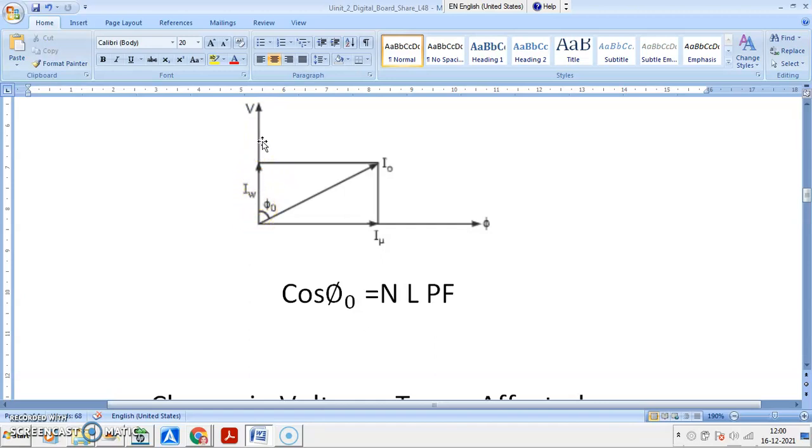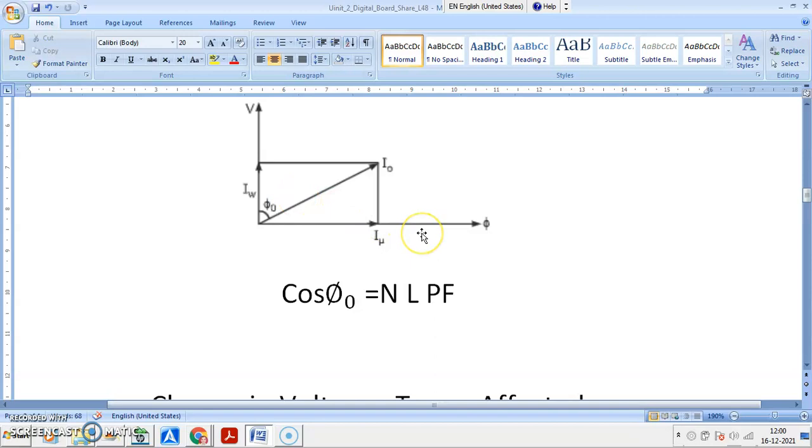So no load current increases. If motor is working on no load, supply voltage increases, magnetizing current also increases. And because of this, this increased, cos phi decreases. Okay, phi increases. And on the other hand, supply voltage decreases and power factor increases. So the effect on particularly no load condition is also there because of change in voltage.